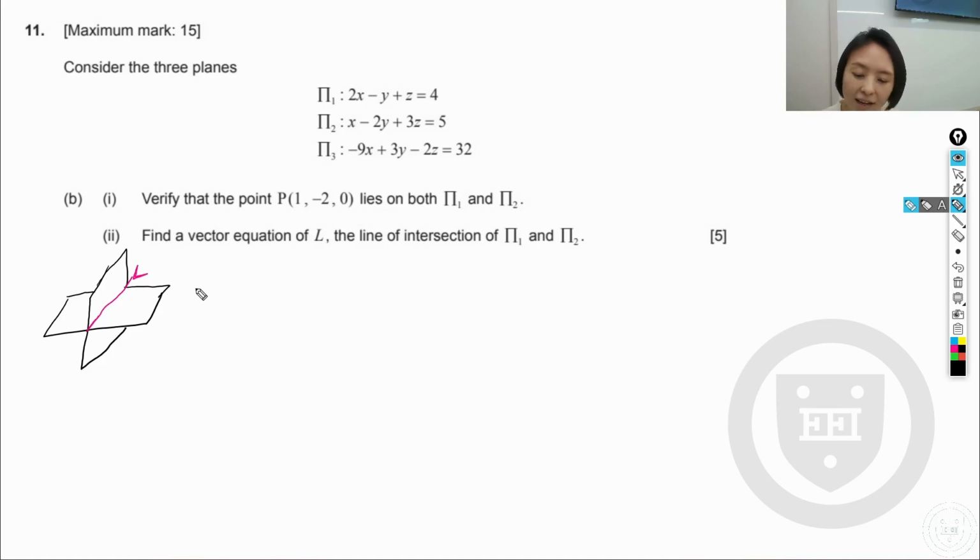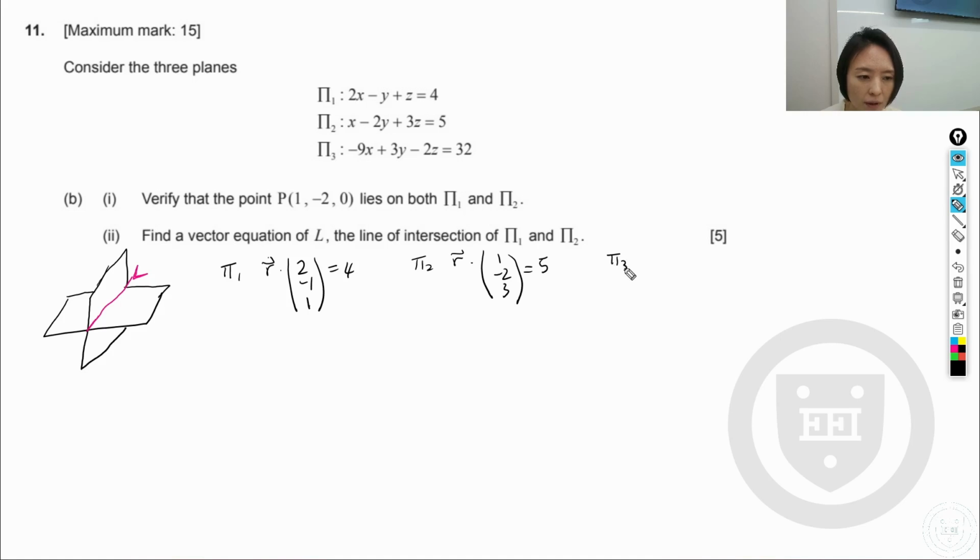To find the line equation of L, we can express the plane equations as vector equations: pi1 is r dot (2, negative 1, 1) equal to 4, and pi2 is r dot (1, negative 2, 3) equal to 5.